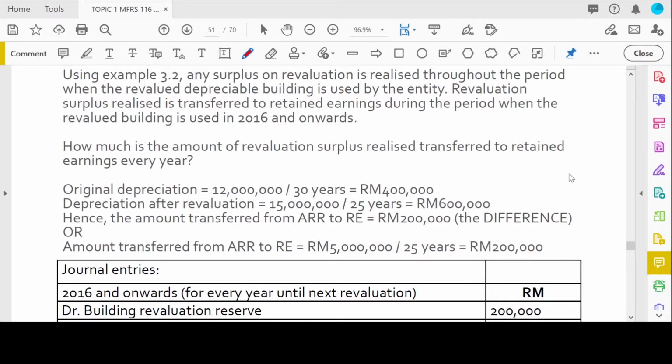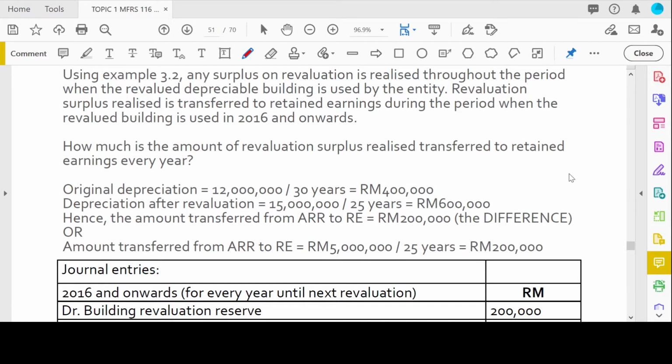For the original depreciation, the cost of 12 million is divided by the estimated useful life at that time, which is 30 years. The original depreciation is 400,000. After the revaluation, we take the revalued amount, the new gross carrying amount of 15 million, divided by the remaining useful life of 25 years. Therefore, depreciation after revaluation is 600,000.